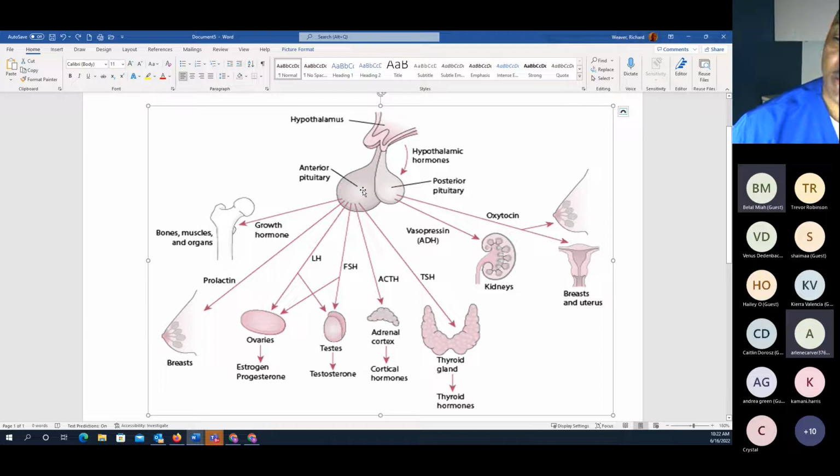This thyroid stimulating hormone is not the actual hormone. It's just a stimulating hormone. Its job is to stimulate. It will stimulate a distant organ, right?